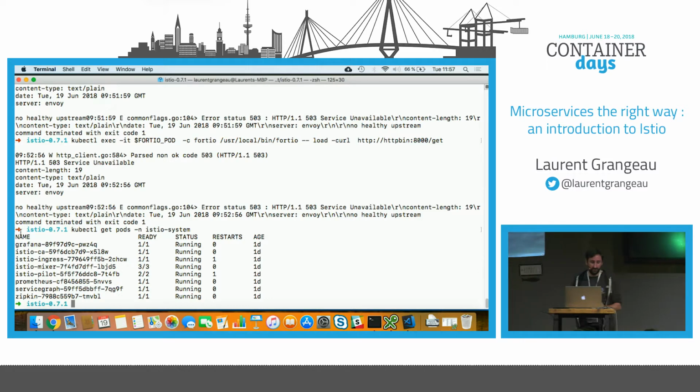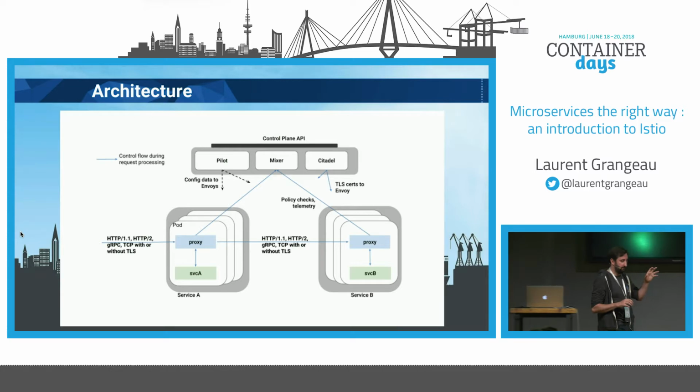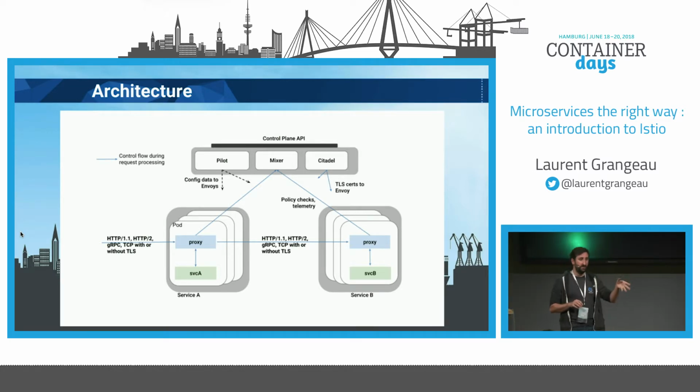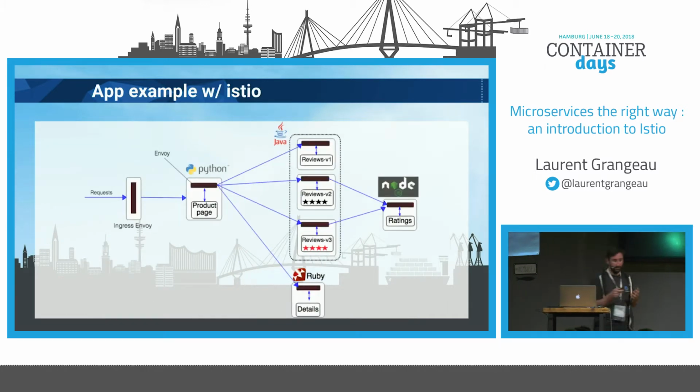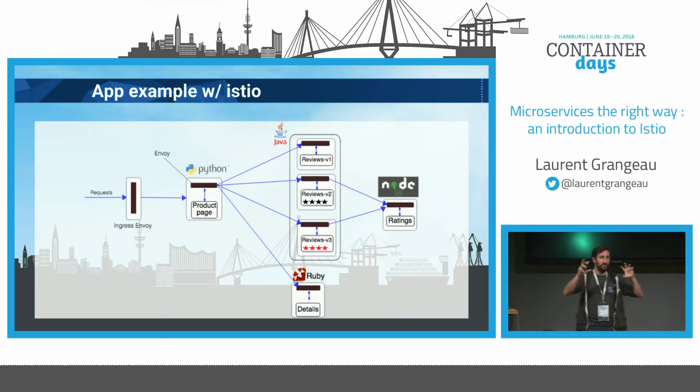So you have Prometheus, Grafana, and Zipkin, all deployed as pods. The only part that is not deployed within this namespace is the proxy. The proxies are injected at runtime, as a sidecar of your other parts. So you have two different things: the namespace istio-system with all of the necessary pods, and the Envoy proxy, which is deployed as a sidecar of your application.